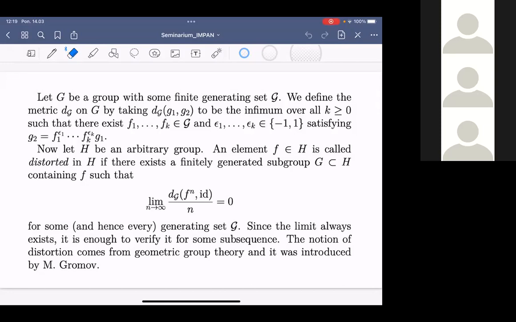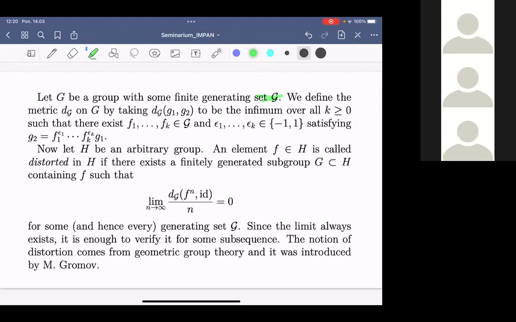But generally speaking, we assume that we have some group which is finitely generated. So we have some finite generating set, say calligraphic G. And we may define on this group the following distance.